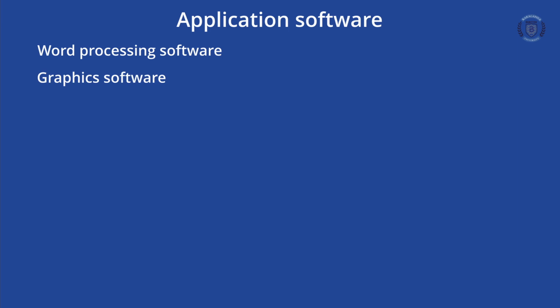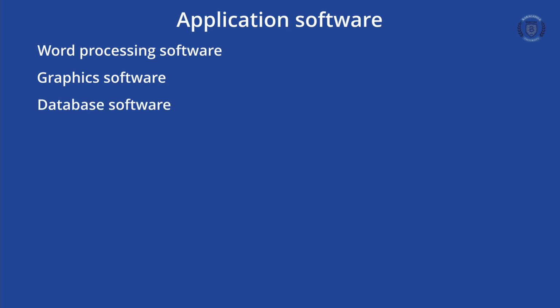Graphics software. This software is used to edit or make changes in visual data or images. It comprises illustration and picture editor software. The example of graphic software is Adobe Photoshop.